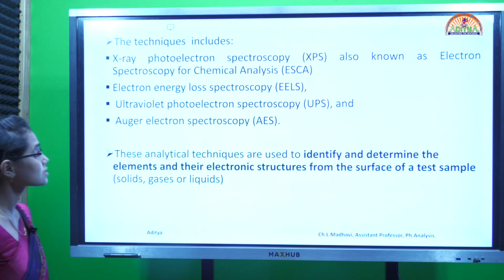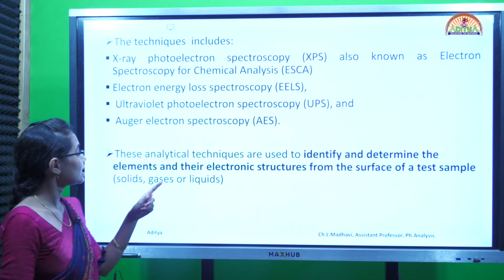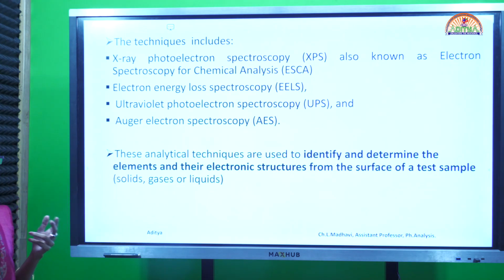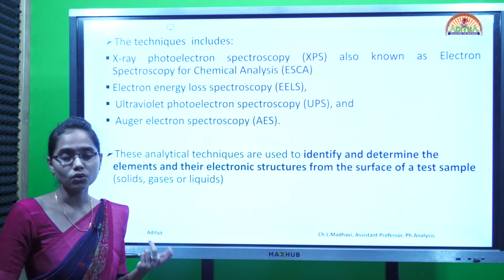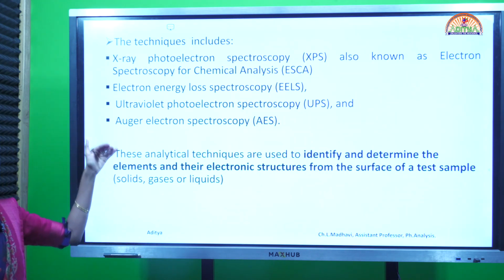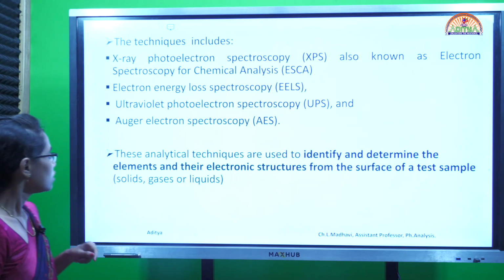Then we have UPS, ultraviolet photoelectron spectroscopy, and AES, Auger electron spectroscopy. To study these two types of electrons, photoelectrons and Auger electrons, we have these various techniques included in electron spectroscopy.